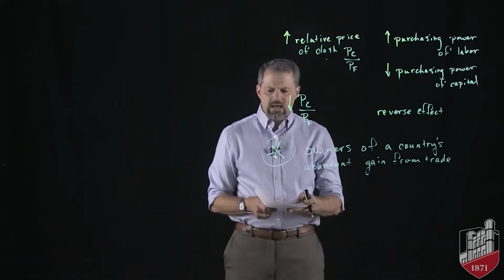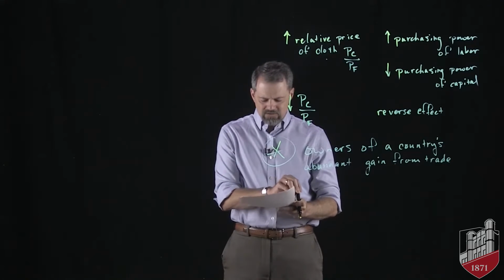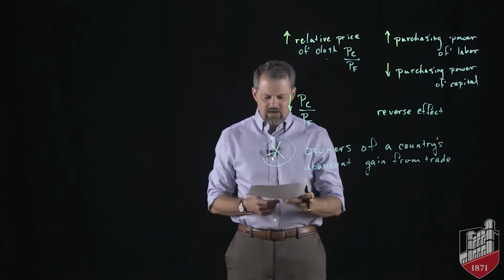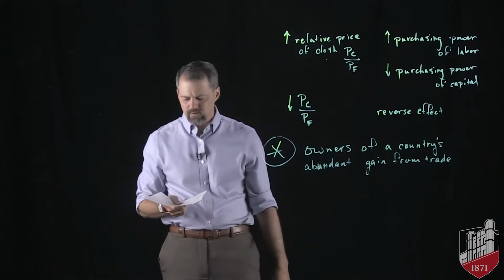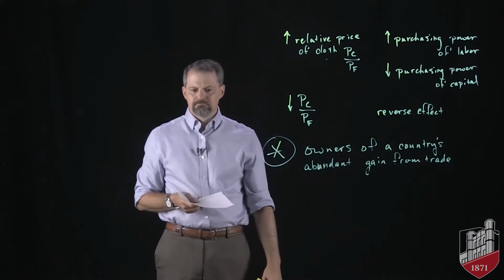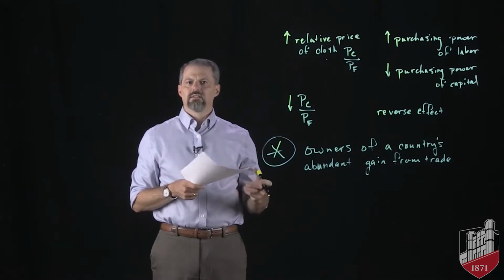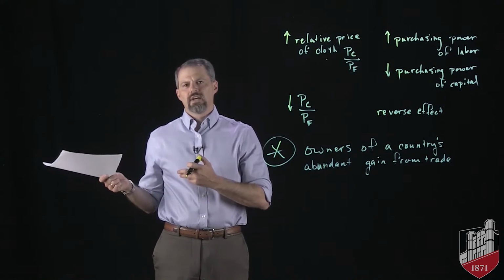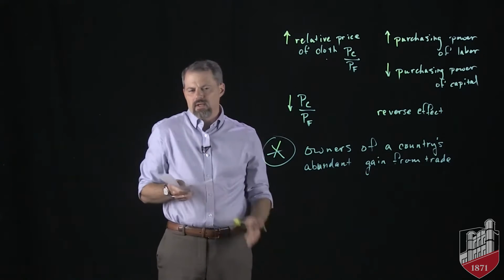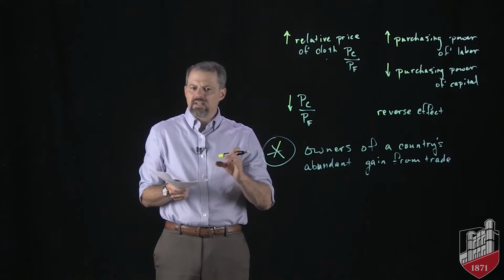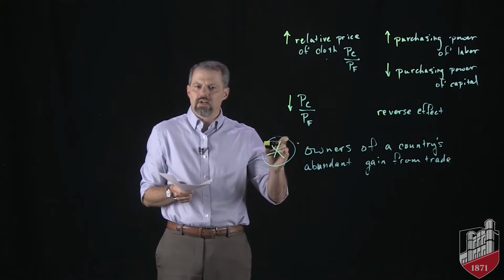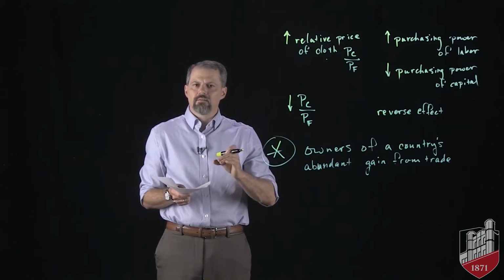If we look historically, the U.S. has been abundantly endowed with highly skilled labor. Relatively, low-skilled labor is scarce. And remember, we're not talking about the absolute amount of high-skilled labor and the absolute amount of low-skilled labor.